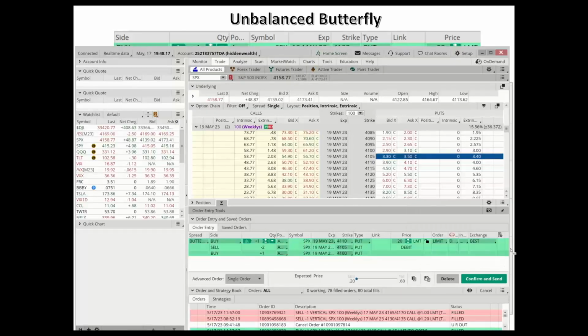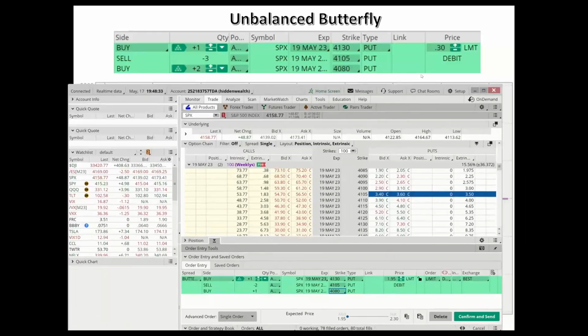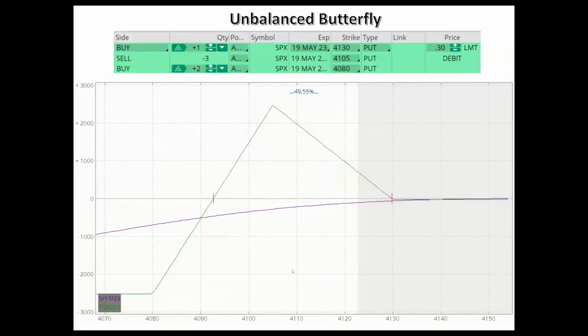It's going to cost you $1.95 instead of 30 cents. So the sale of the extra spreads is to get our debit down so that if the market goes up, we don't lose much.